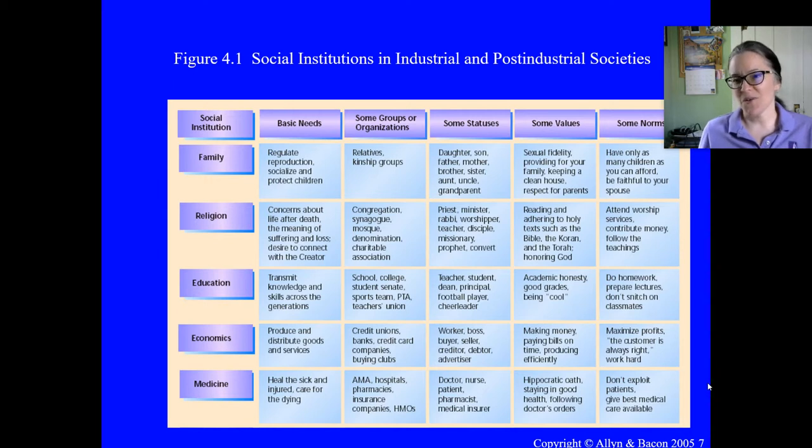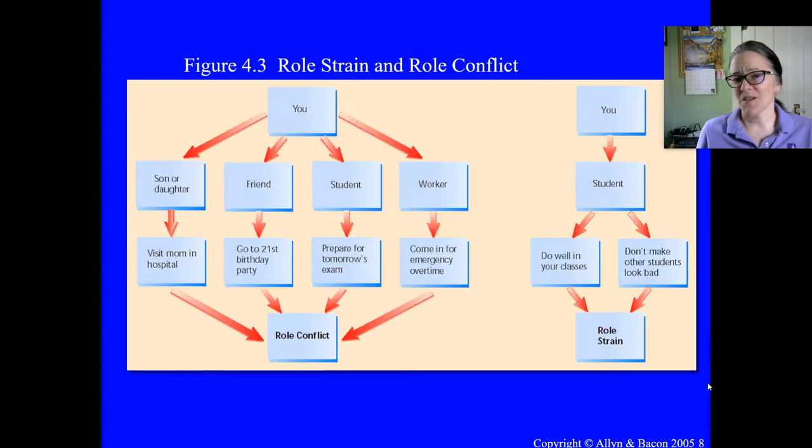Sometimes it's hard to be a student when you're obeying the norms regulating the behavior of what it means to be a good friend versus what it means to be a good student. And we call that role strain or role conflict. See? And that's on the right, the role conflict there.